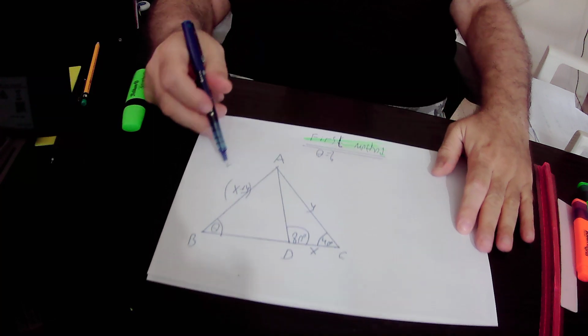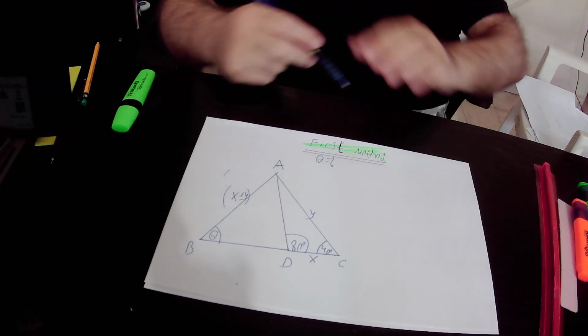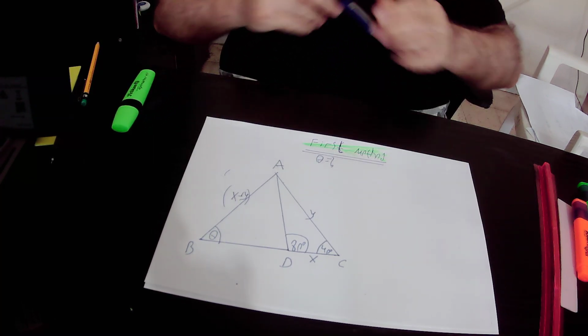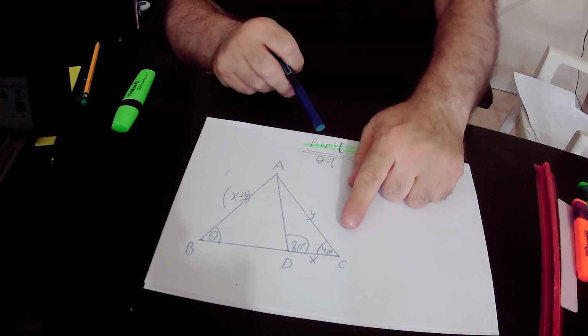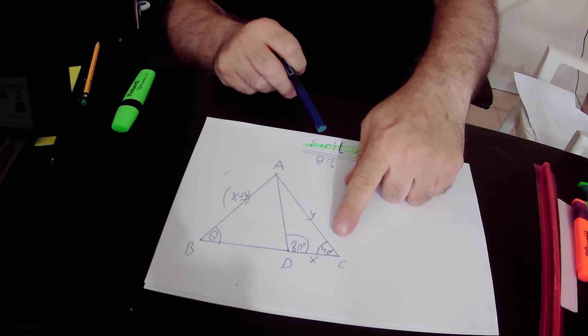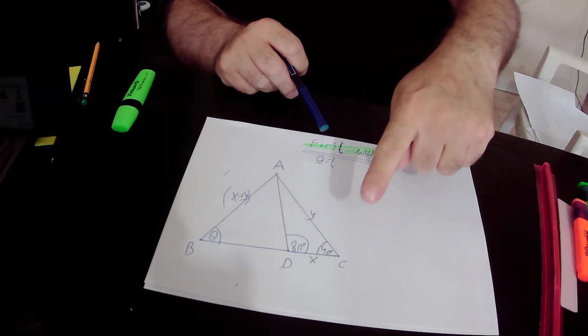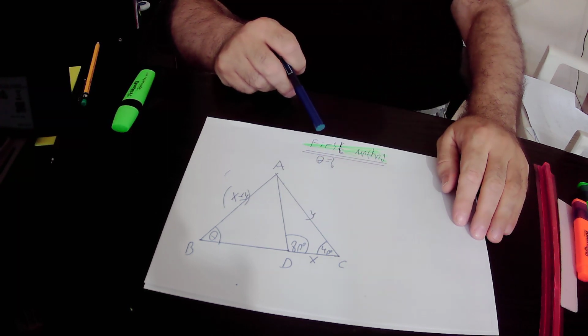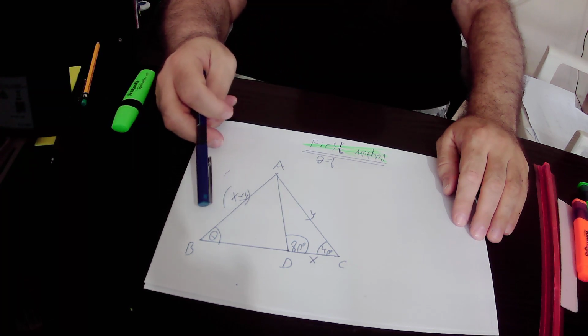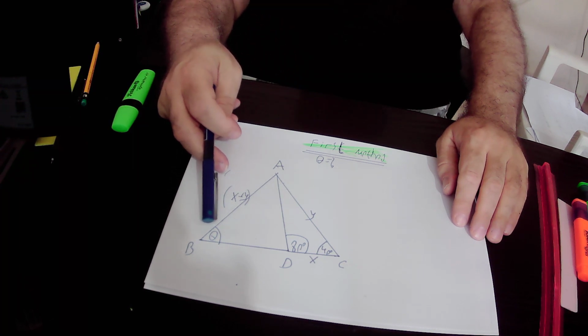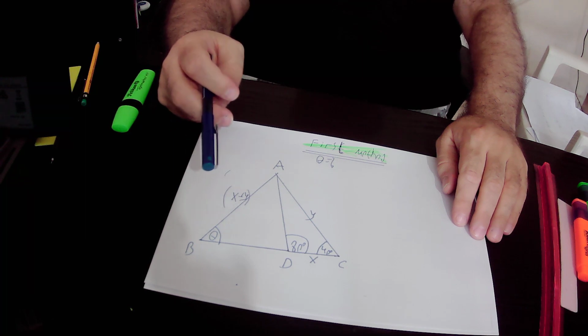Side AB equals to x plus y. Side AC equals to y units. Angle ACB equals to 40 degrees. Angle ADC equals to 80 degrees. And we want to find out the size of angle ABC, this angle, that is equal to theta. So we want to find out the size of angle theta.